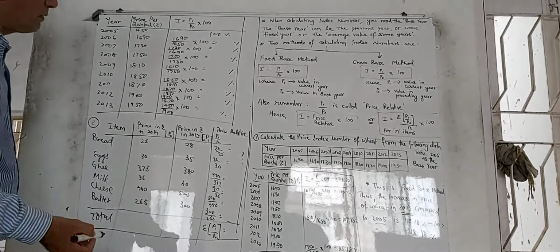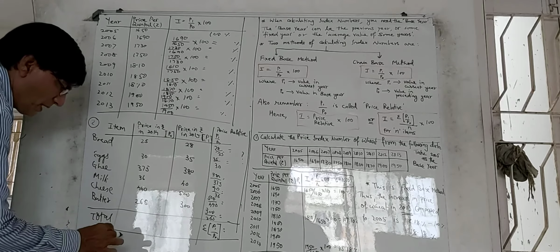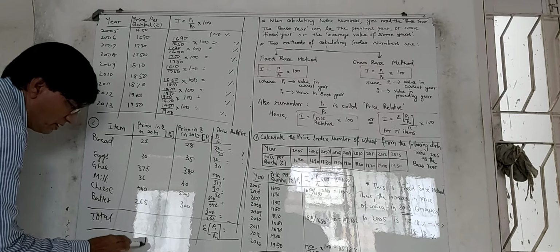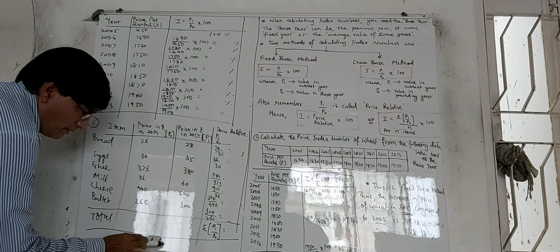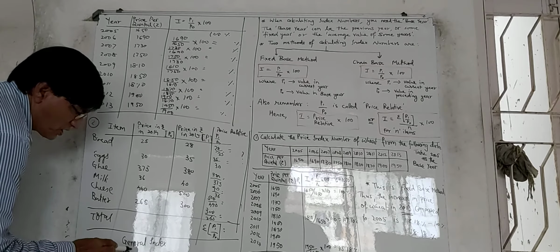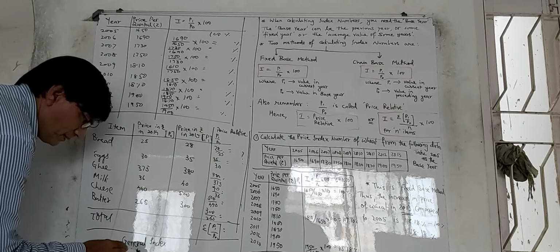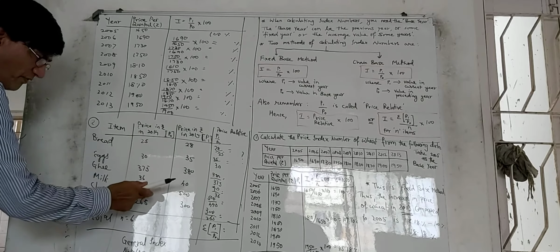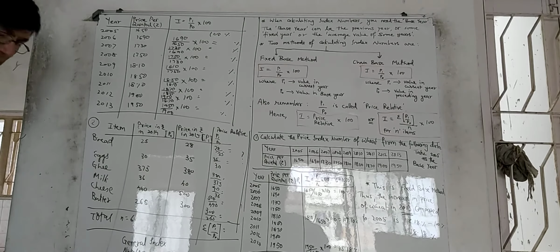Now once you have this value, all you have to do is apply the general index number formula. General index number of all the 6 food items. Remember here n is equal to 6. 1, 2, 3, 4, 5, 6. There are 6 food items.